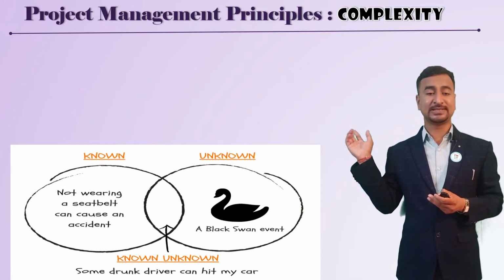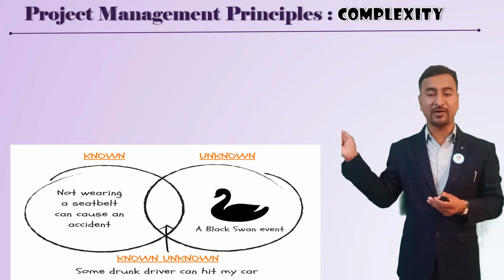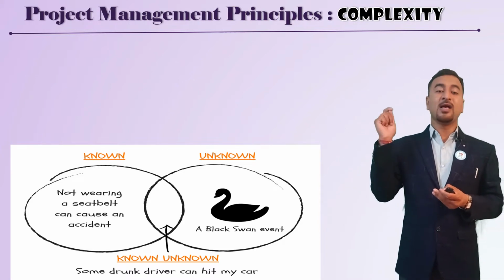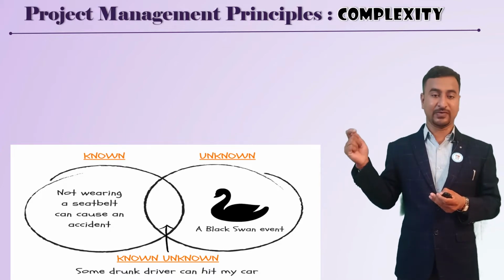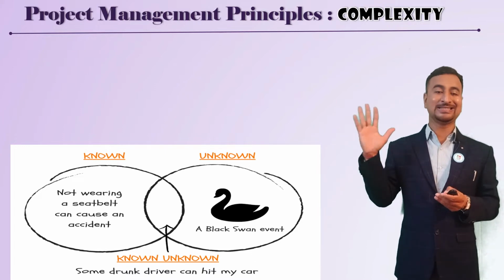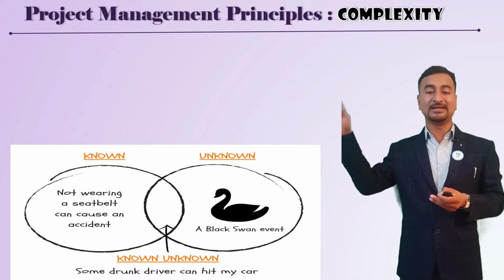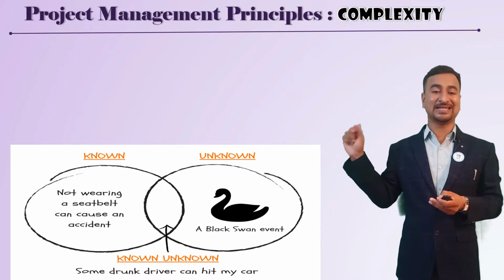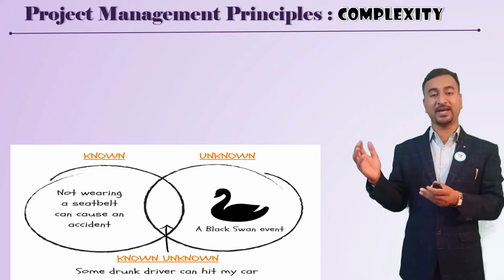Here, as you see, there are known things and unknown things. A known thing, for example, is that not wearing a seatbelt can cause an accident. That is a fact that is known to you. What is a known unknown, the intersection point in the Venn diagram? It says that a drunk driver can hit my car.